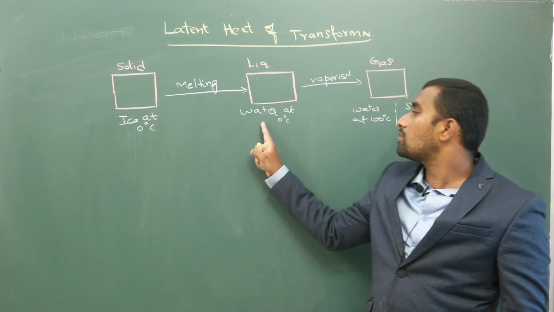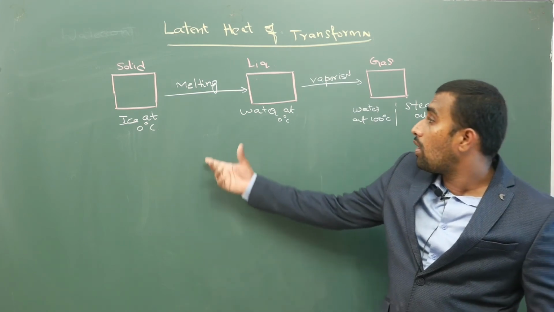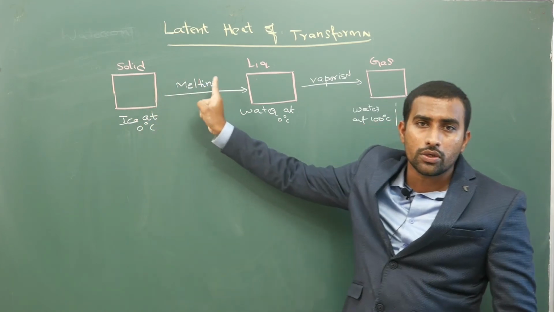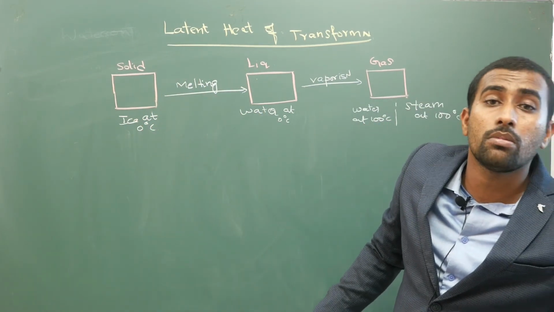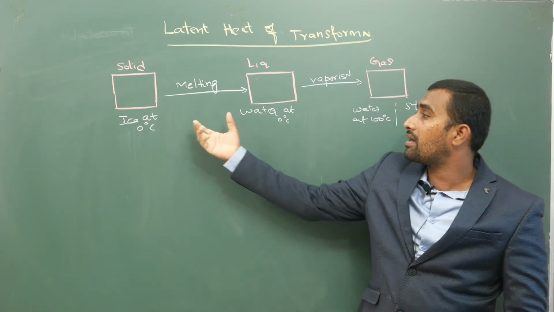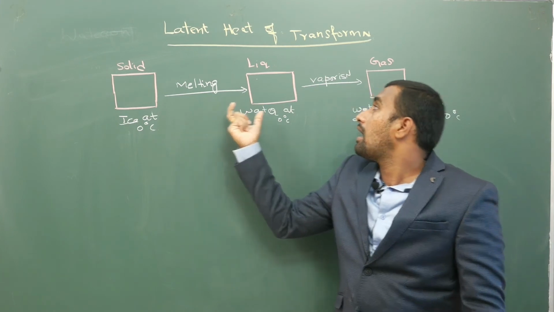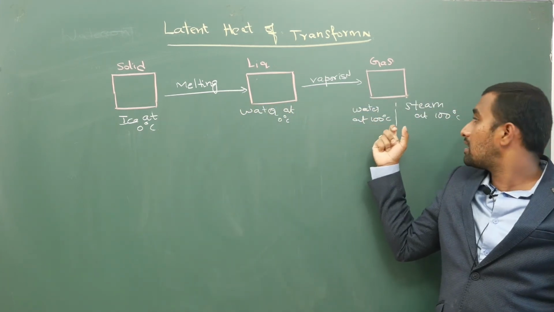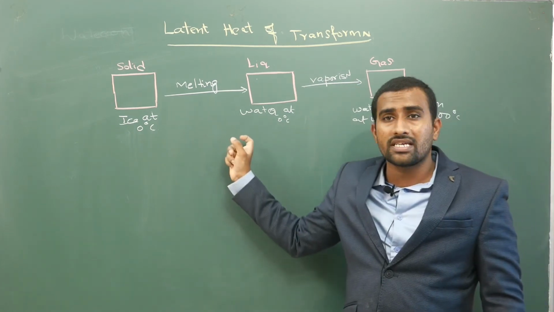From ice at 0 to water at 0, no temperature change. What is changing is the state. Here the state is changing from solid to liquid. That means indirectly bonds are being broken down. Your bonds are breaking from solid to liquid, and from liquid to gas in case of water at 100. Here no temperature change, but there is state change.